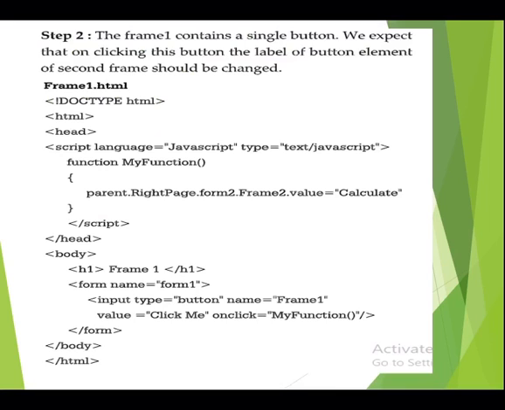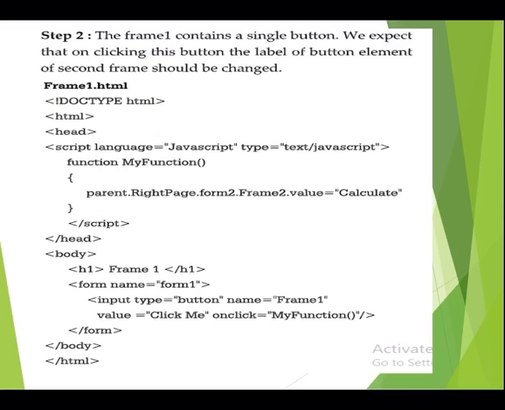So parent.rightpage.form2.frame2.value. Parent is your parent page, rightpage is your frame 2 page, form2 is your second form, frame2.value is equal to calculate. That is, we are going to change the value from click to calculate. Close the function, close script, close head, then body tag.